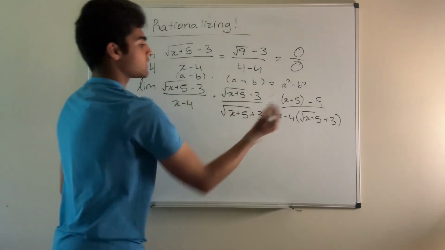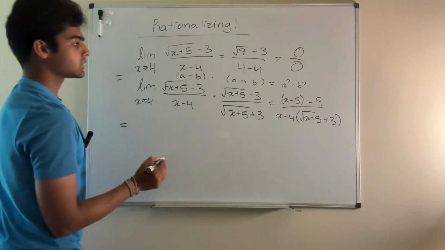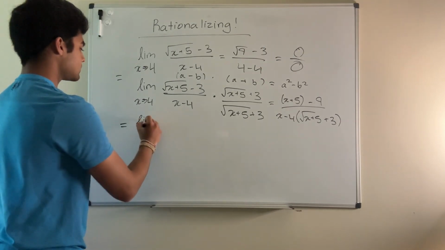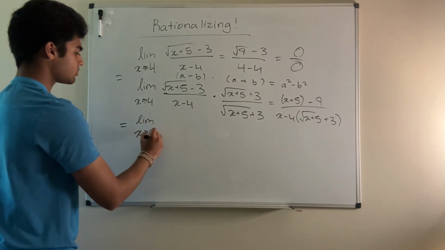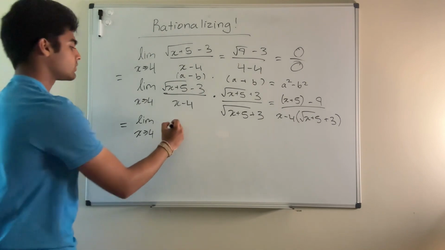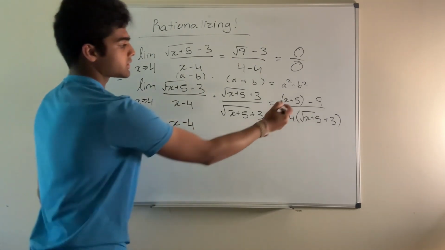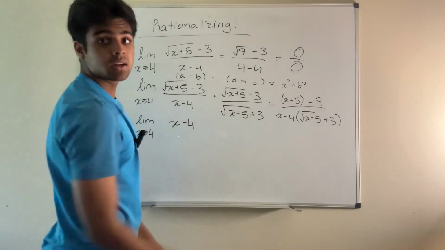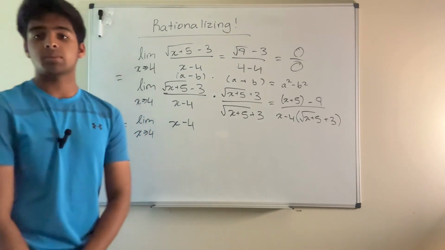And now if we simplify the top, we see that we get the limit as x approaches 4 of x minus 4 on the top, because x plus 5 minus 9 is the same thing as minus 4.